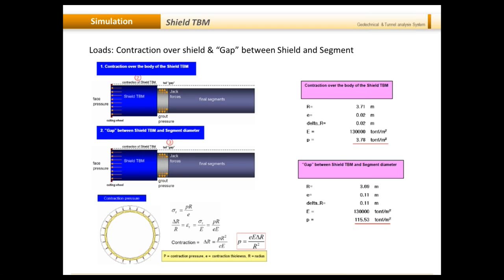I would start with 1.1 or 1.2%, because once the tunnel is completed, there will still be deformations going on, or after setting up these segments, there will be deformation in the segments themselves. There will be creep and shrinkage in the concrete itself. So it will shrink, and there will be further losses, and there is external pressure already. So from 1.2, 1.5, the overall deformation would be 2%.